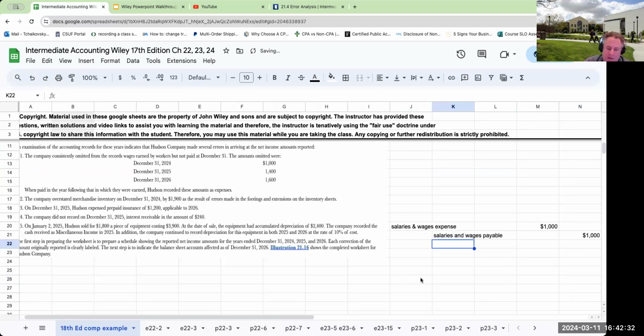If I'm forgetting how to record transactions, I can always go back to this over here. Assets equals liabilities plus owner's equity, expenses, revenues, debit, credit. We record our expenses with debits, our revenues with credits. Our assets are increased by debits, decreased by credits. Our liability and equity accounts are increased by credits, decreased by debits.